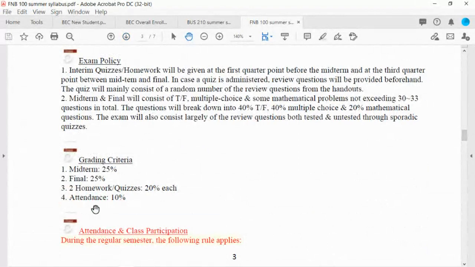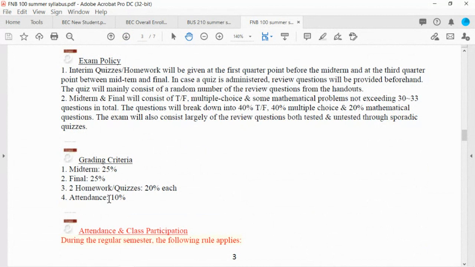So grading criteria. There will be 6 exams actually. The first 2, while we are doing the first topic, there will be 2 exams, but they are called practice test.